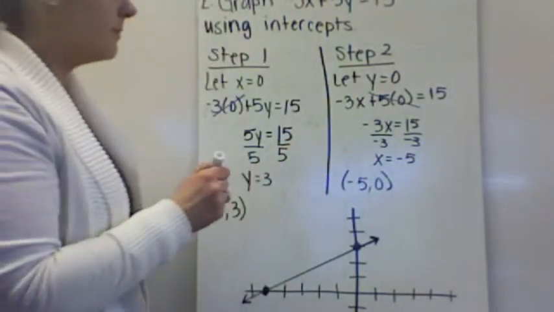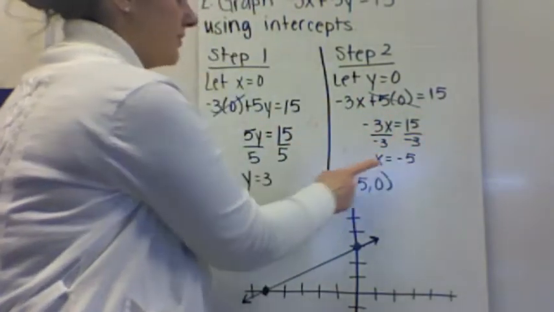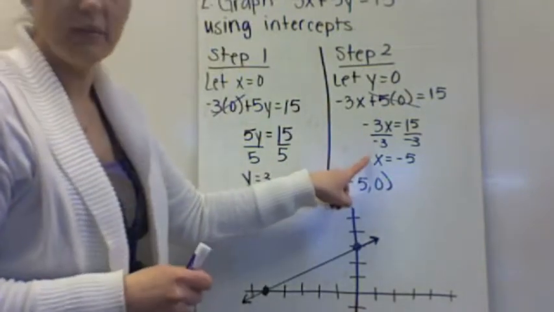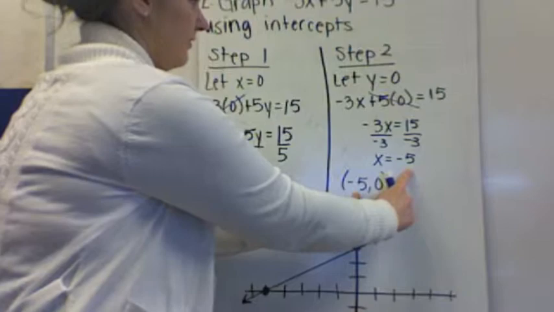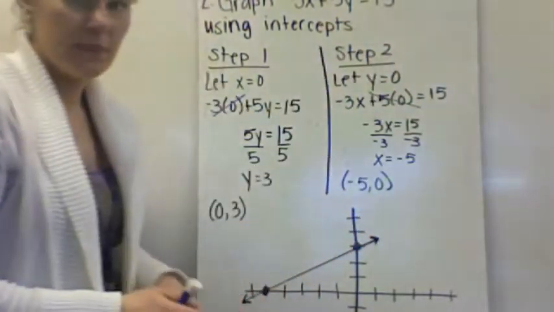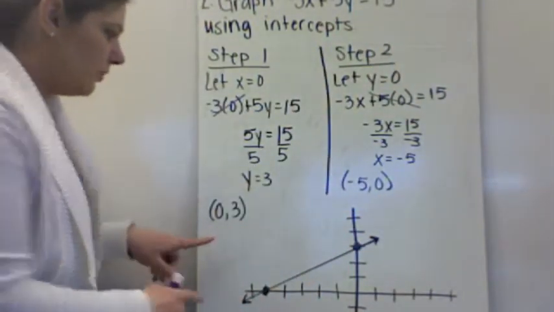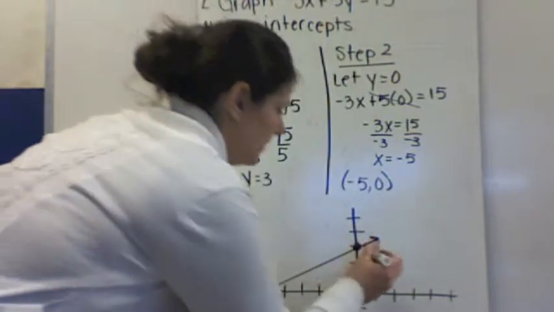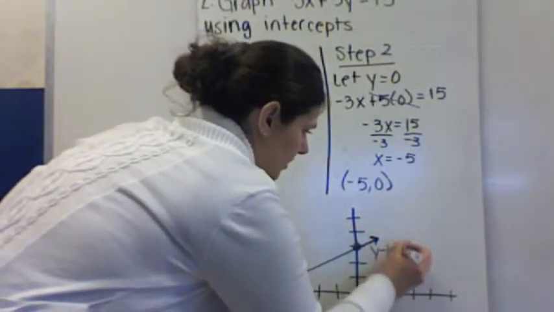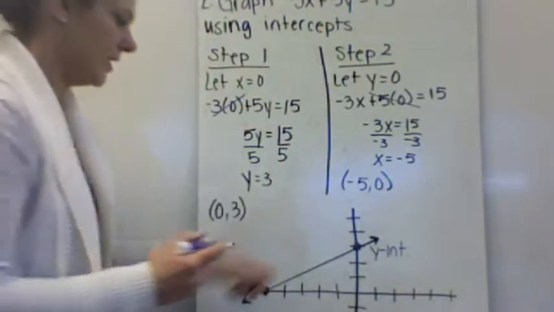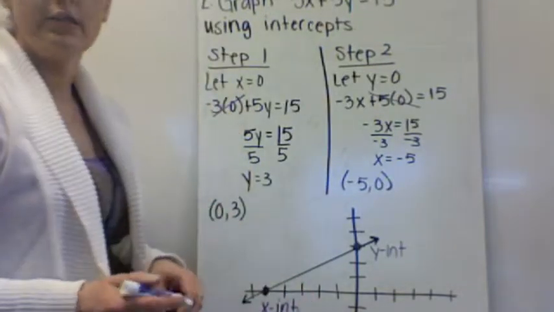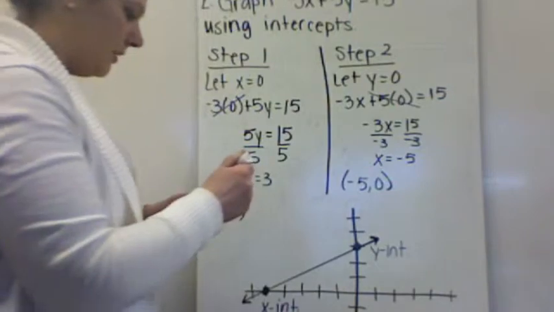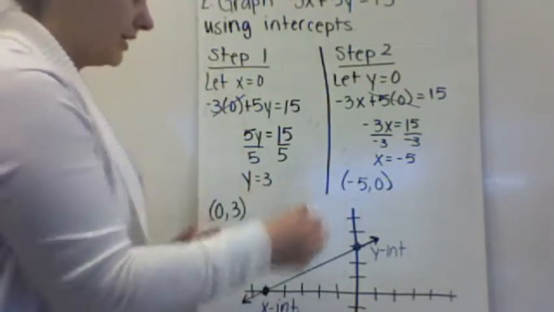The 0 part's gone. Negative 3x equals 15. Divide by negative 3, x equals negative 5. So again, our ordered pair, x is negative 5, y was 0. So I just plotted those 2 points, (0, 3) is my y-intercept, and then (-5, 0) is my x-intercept. Connected them with my ruler, extended my lines.